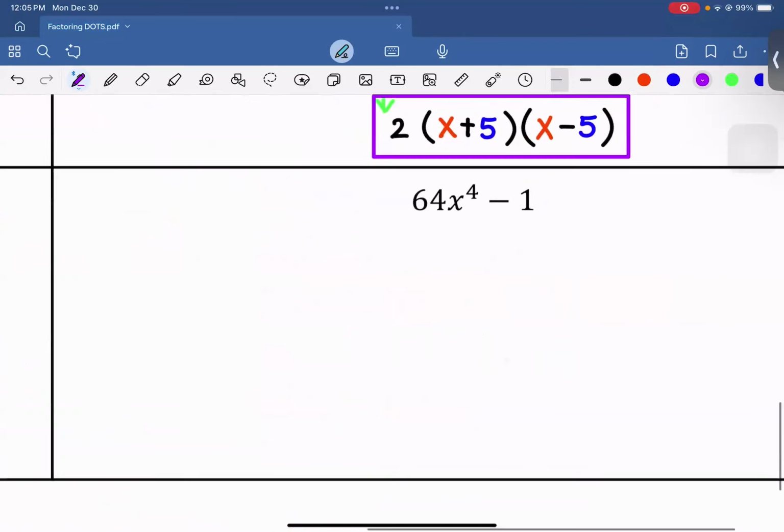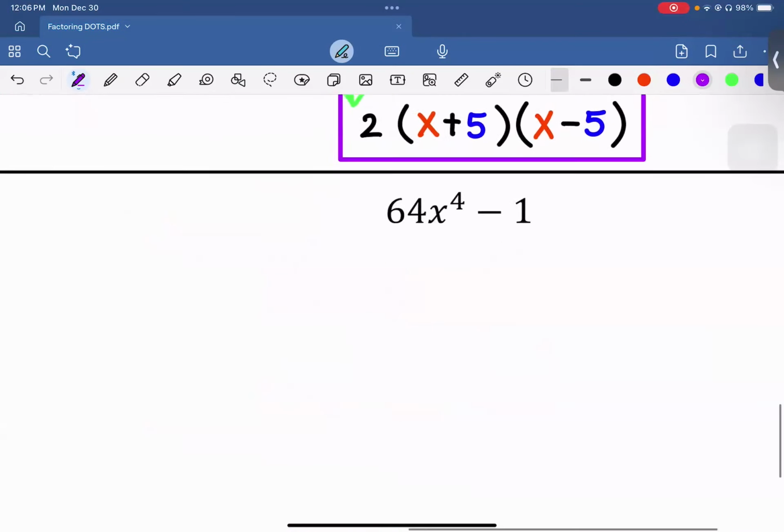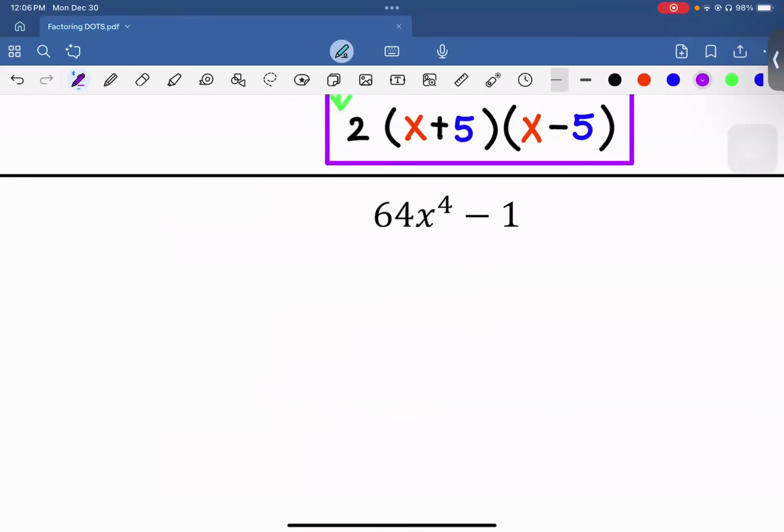All right, my last one here. I'm going to do the same thing. I don't have to take the GCF because my perfect squares are already out. Even exponent, 2 terms, subtraction. I'm just going to open up 2 parentheses. Square root symbols are going to go around each one. Can't forget about my plus and minus.